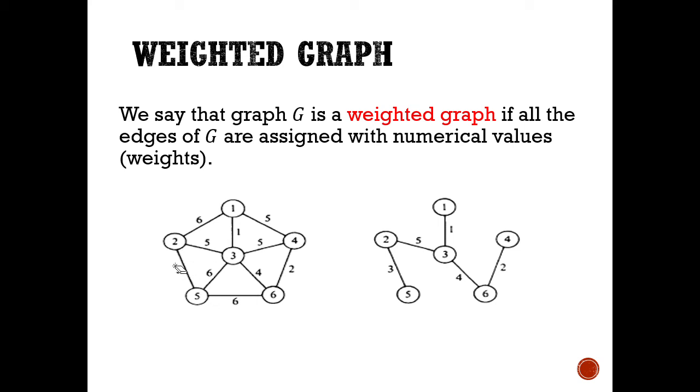Notice that there are no directions, so these are undirected graphs. Now the numbers on the edges could represent the length of the road in between them. It could also represent the time it would take to travel from one point to another, or it could also represent the transportation fee from one vertex to another.